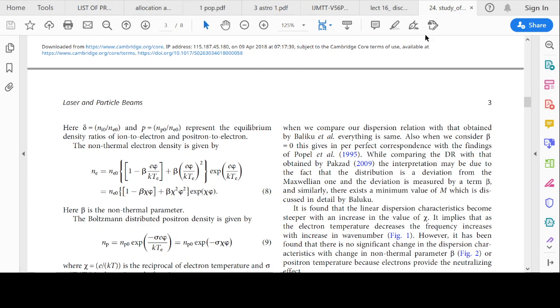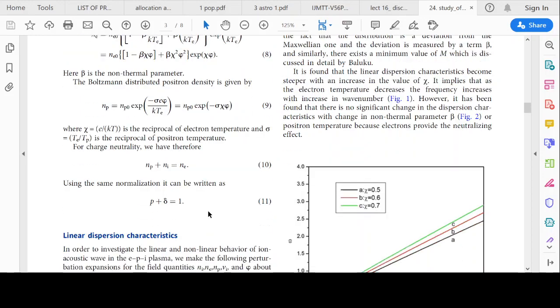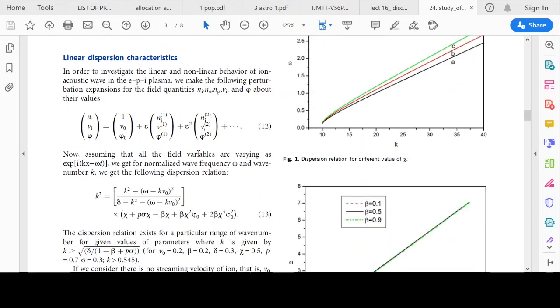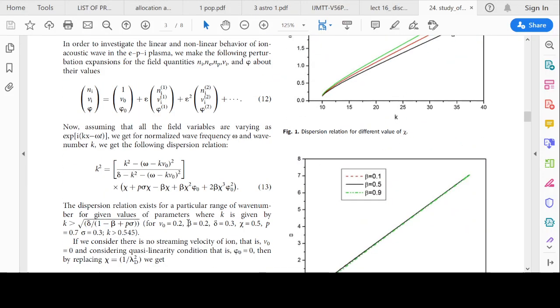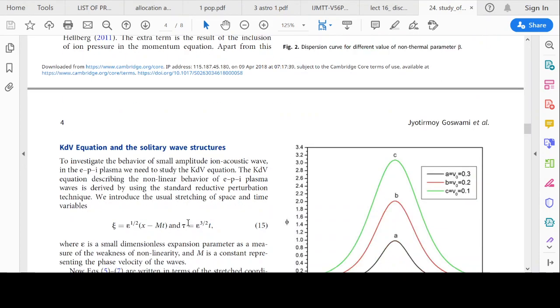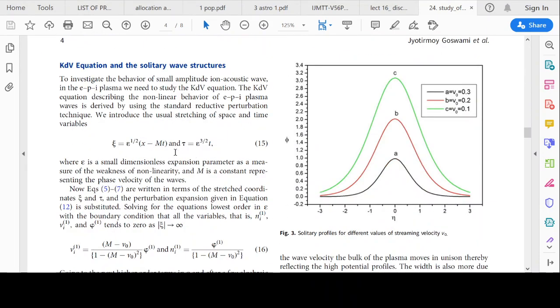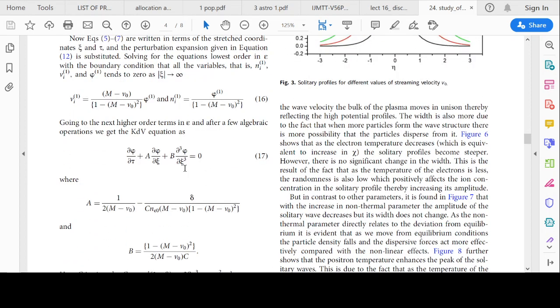So this is the equation, and then you get the perturbation expansion and the dispersion relation, and after that you take similar stretching. You have taken epsilon to the power of 3/2 and get the KdV equation.